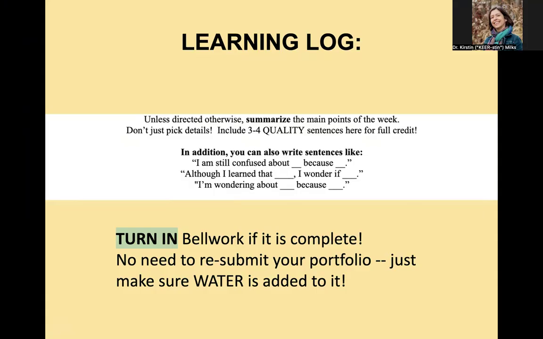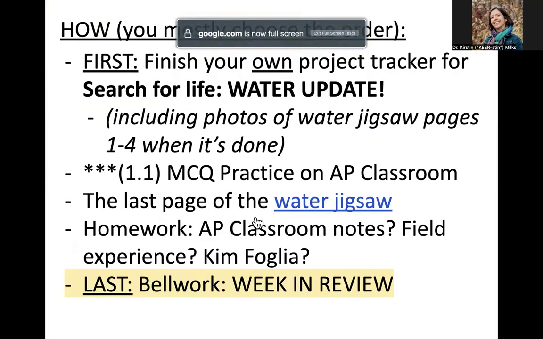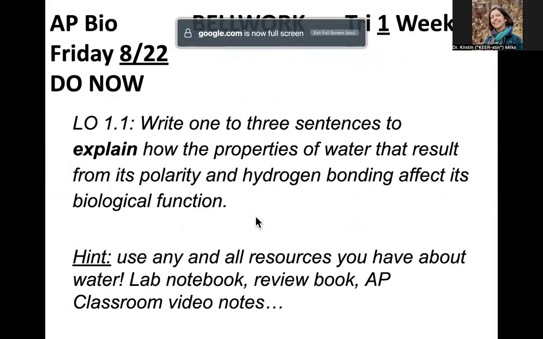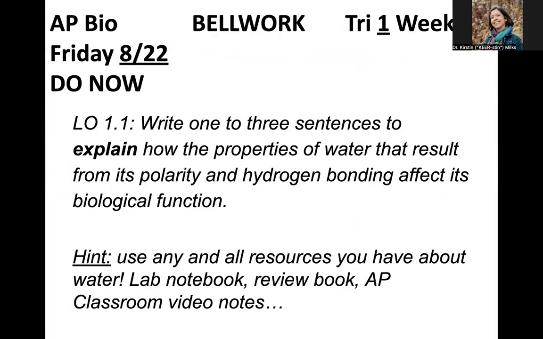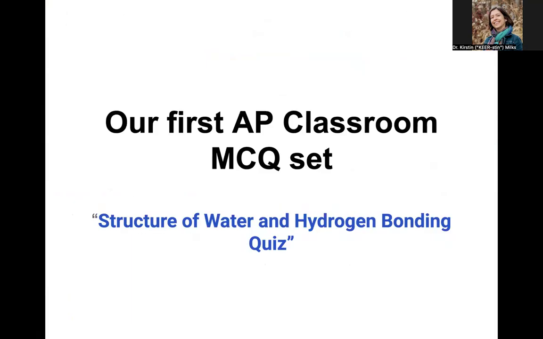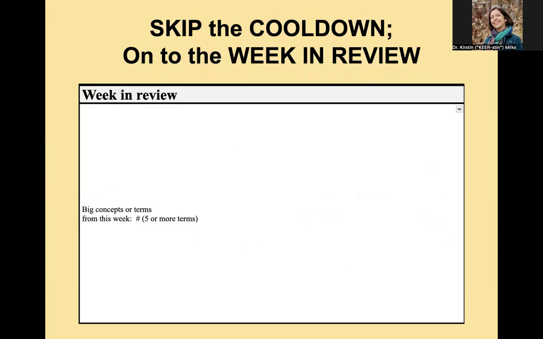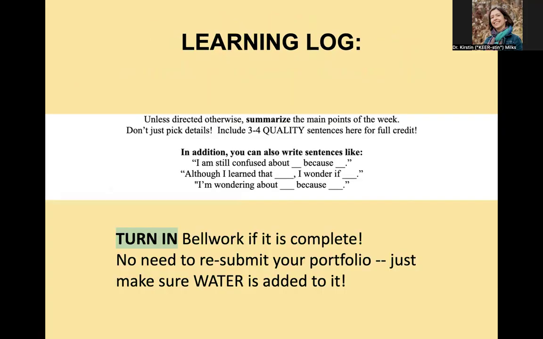And I will give you a deal. If your summary from the do now is complete, you do not need to complete the learning log this week. If it really did this thing that I asked you to do and it did a great job and it used a couple of those words down there that you wrote, then you're good. You can just write see the do now for this particular one.